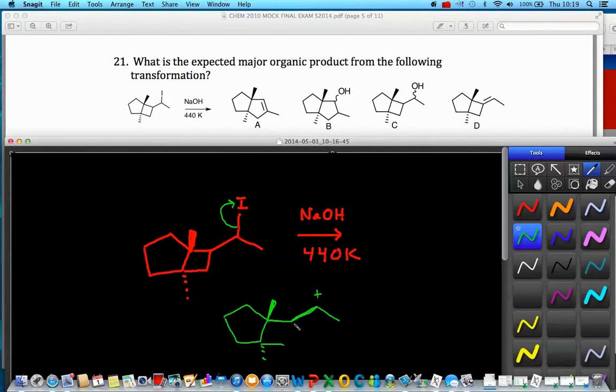So I'm going to render the bond that I'm breaking with a dashed green line, and the bond that I'm making with a dashed yellow line. What I would do at this time is label the carbons so that it's easier to see the product, and it really doesn't matter what order you go in.